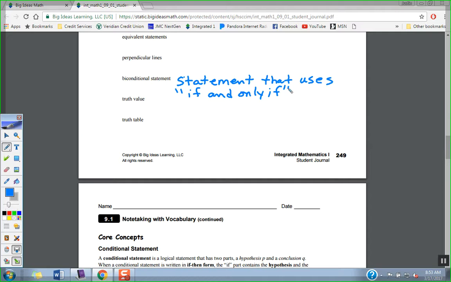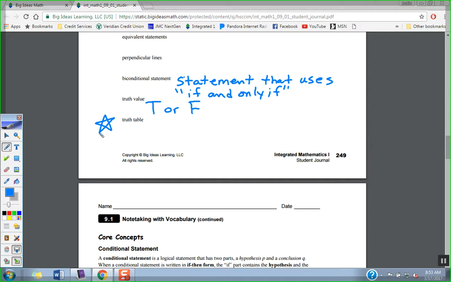Okay. Next, truth value. If I say something, my statement is either what or what? It's either true or what? So when we talk about truth value, it's either saying something is true or it is false. This is going to make or break you in this section: what a truth table is.